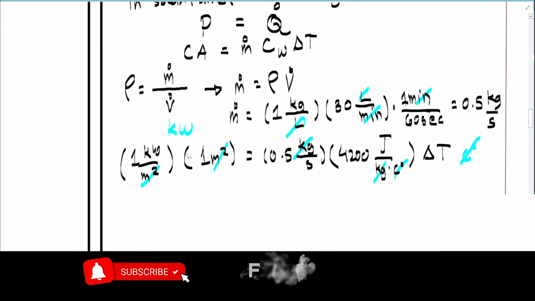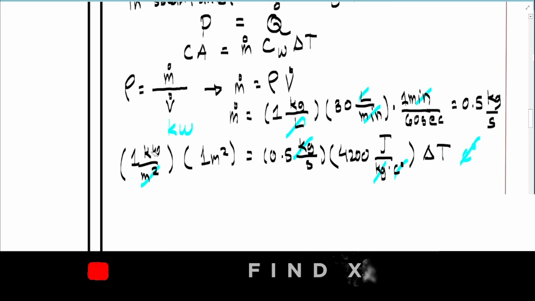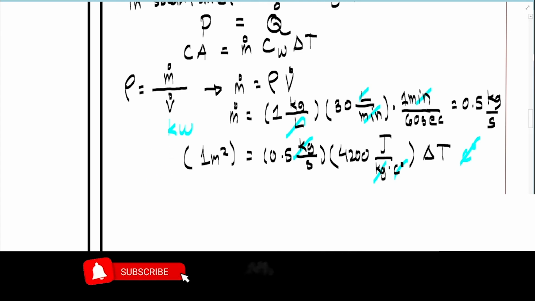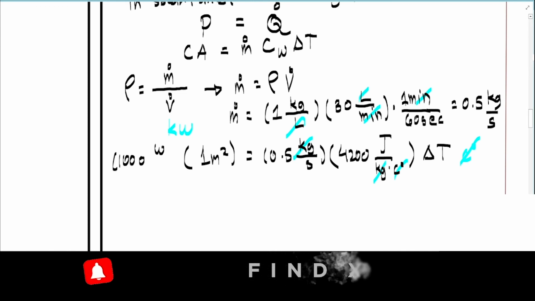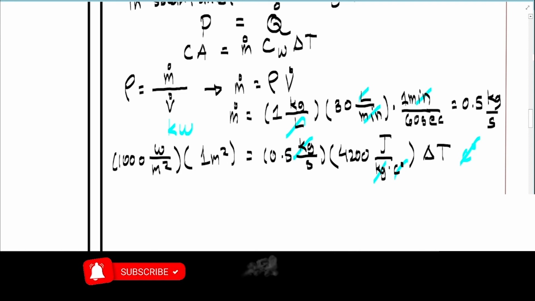So I should remove the kilo. Removing the kilo, I'll just replace it by 1,000, right? Kilo is equal to 1 times 10 raised to 3. So 1 times 10 raised to 3 times 1 will become 1,000. So the left side will be watts and the right side will also be watts.